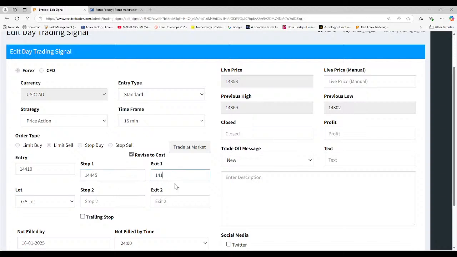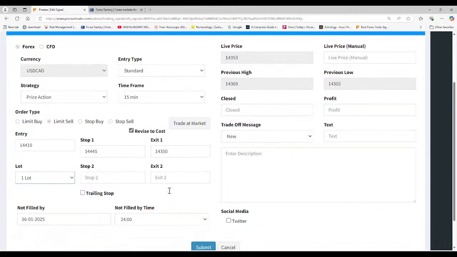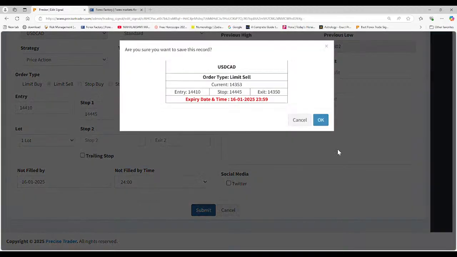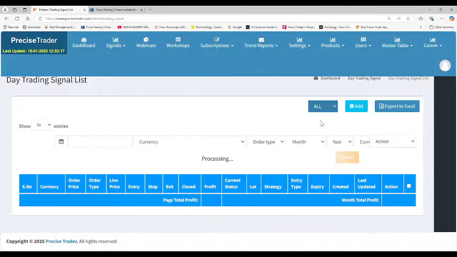And remember, this one also I want to exit before 143.40 or 143.50. So 143.50, and I think this one is the best entry, so we can try to go at one lot. And this is until 12 o'clock.